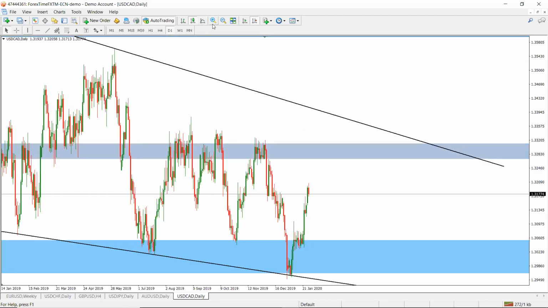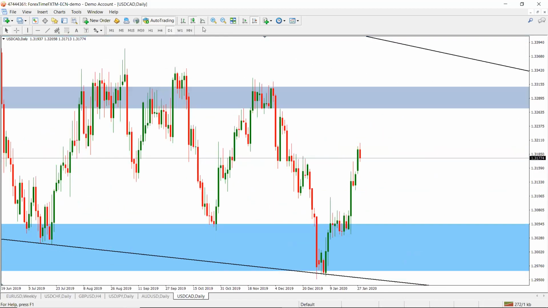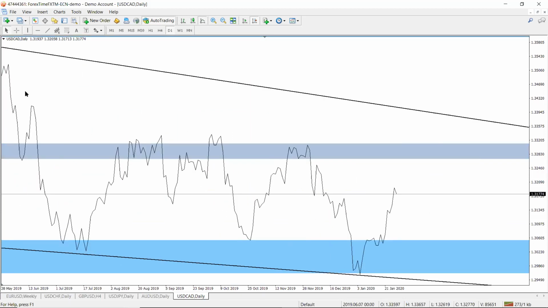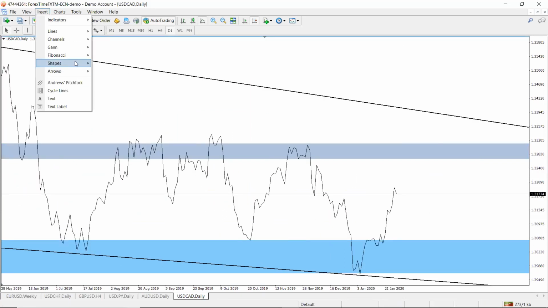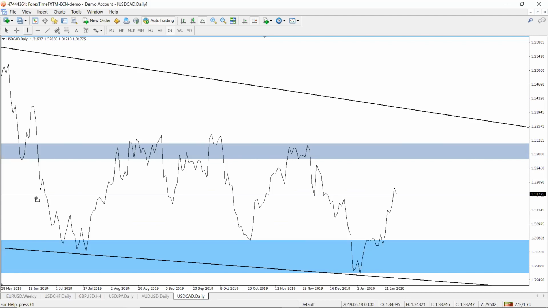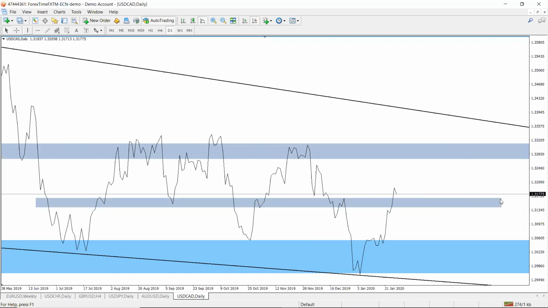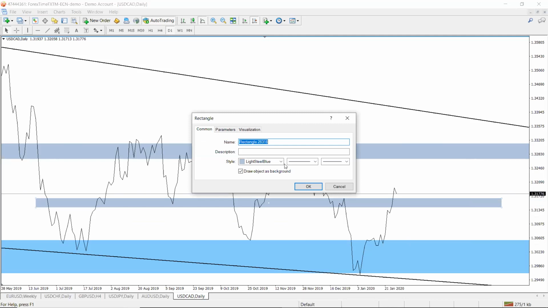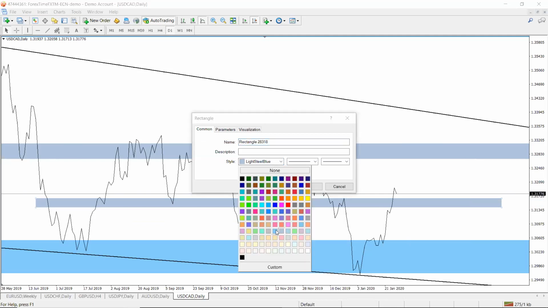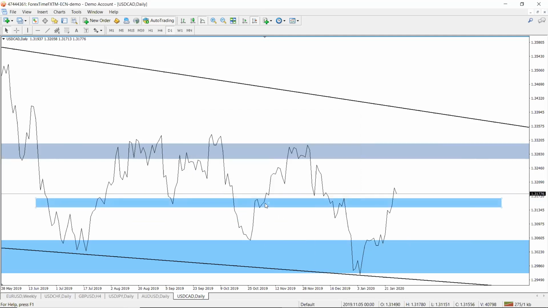Now let me identify my daily zone. So switching back to my line charts, let me bring out and identify my daily zone. So this is my daily zone right here, as you can see. I'm just going to put this right back on blue.